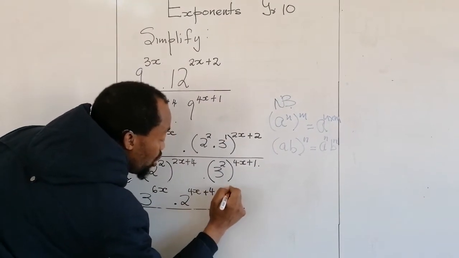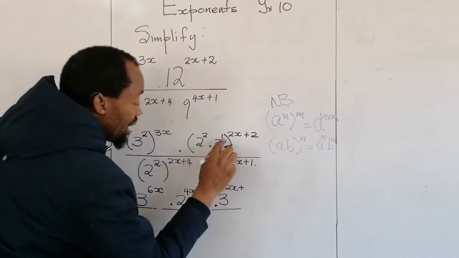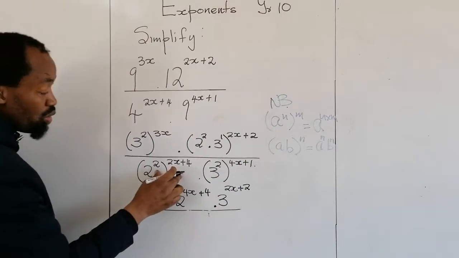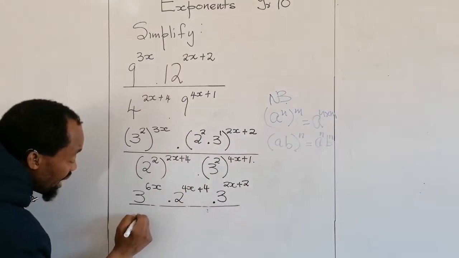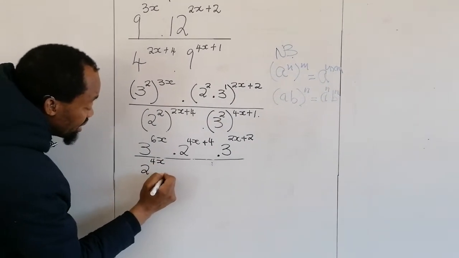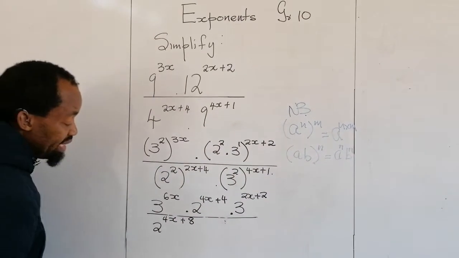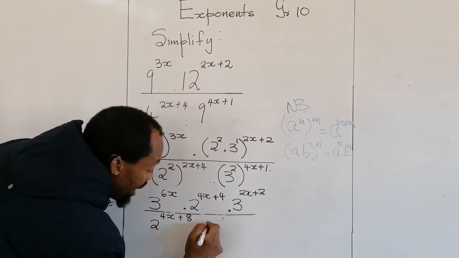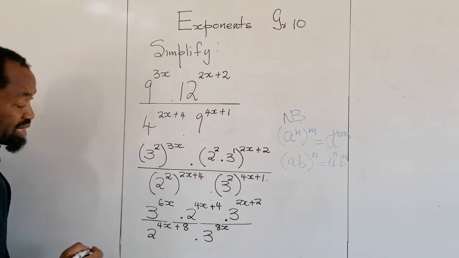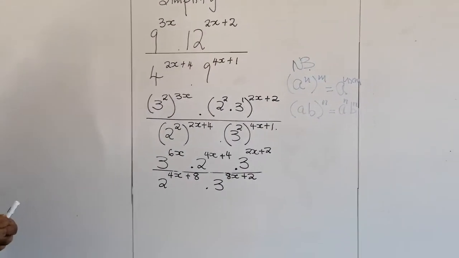It would be 3 to power 2x, 1 times 2x plus 1 times 2, which is plus 2. Coming to this one again, we are applying that. 2 times 2x, 4x plus 2 times 4, which is 8, multiplied by 3 to power 2 times 4x, which is 8x, 2 times 1, which is 2.